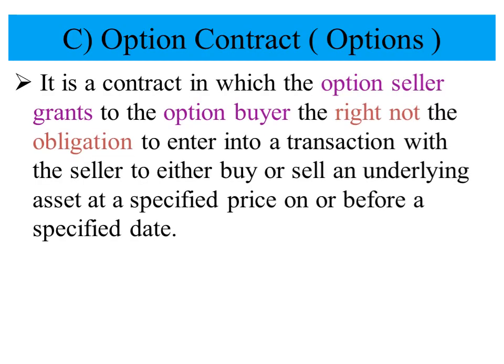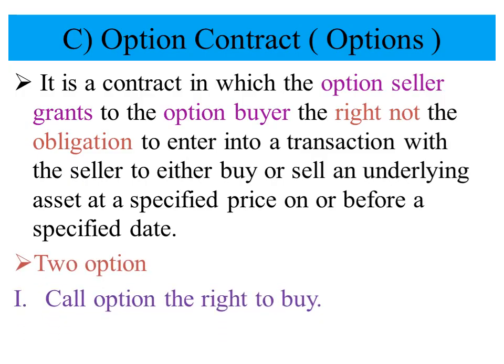The third one is the option contract. As we said, those are derivative securities. An option contract is a contract that gives a right but not an obligation. It's a contract in which the option seller guarantees to the option buyer the right, not the obligation, to enter into a transaction with the seller to either buy or sell an underlying asset at a specific price on or before a specific date.